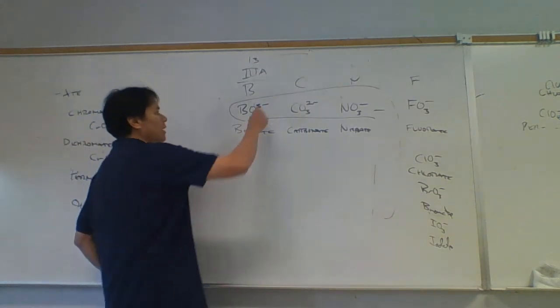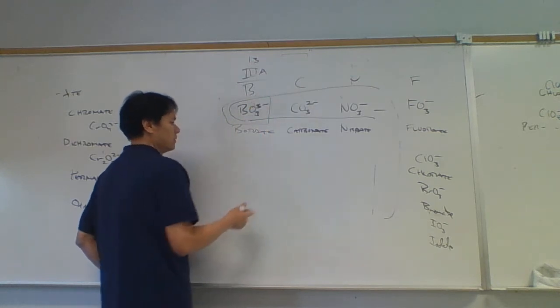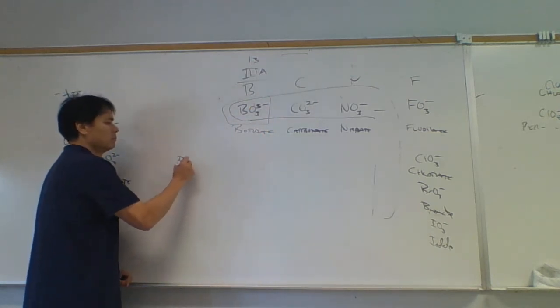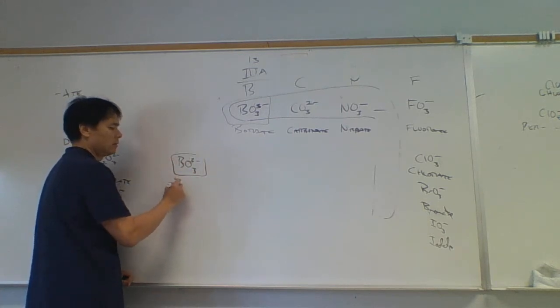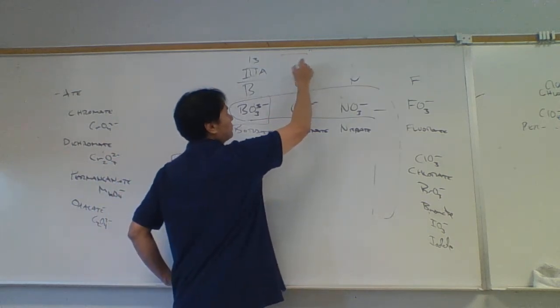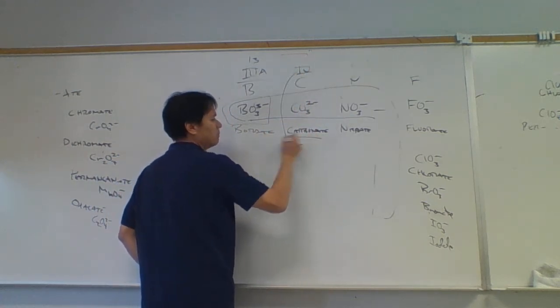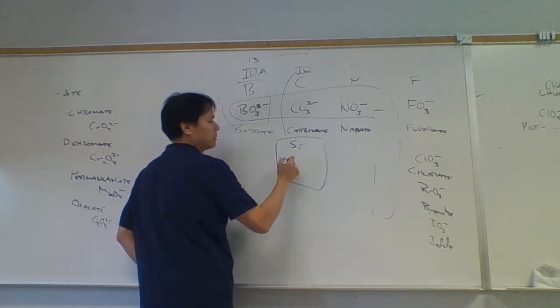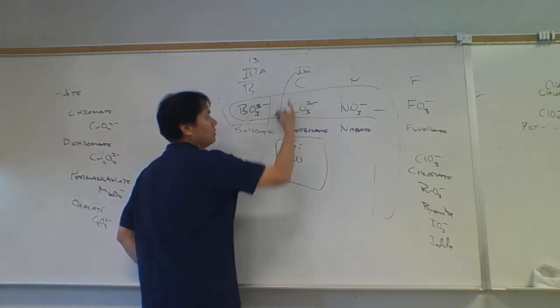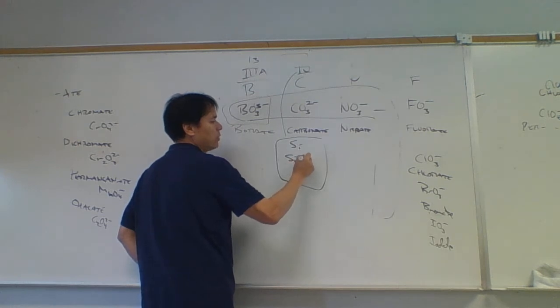And eventually these patterns we want to understand better. And so I asked you to memorize, or I forgot to ask, but borate is BO3, 3 minus. The other one you have to use as an anchor is for group 4, where we're going to drop down to silicon. SiO4, 4 minus.